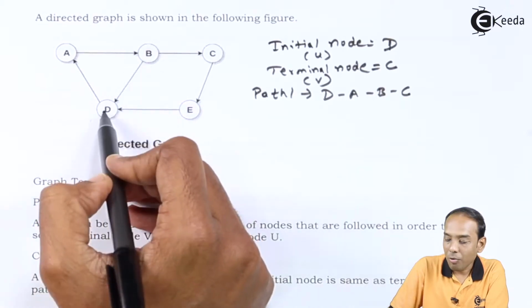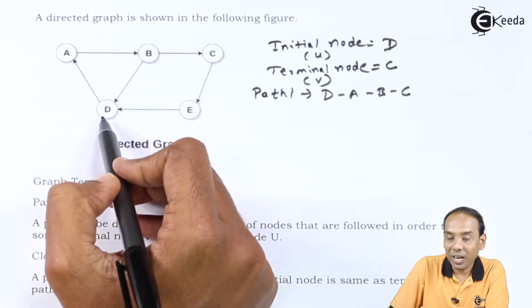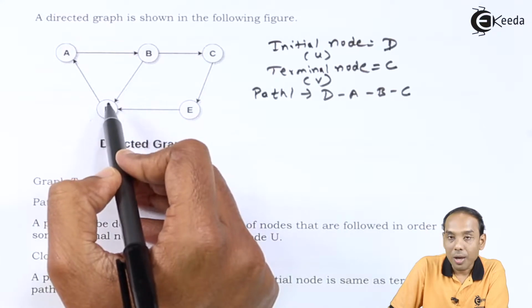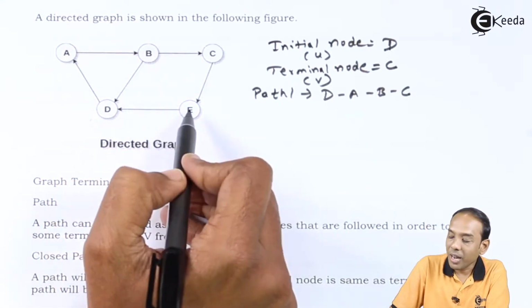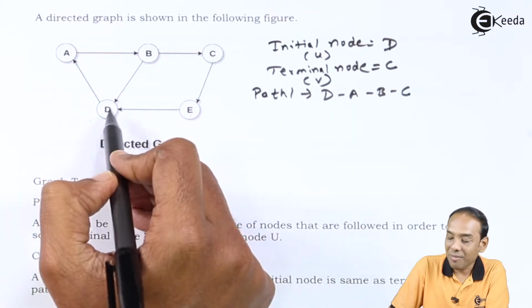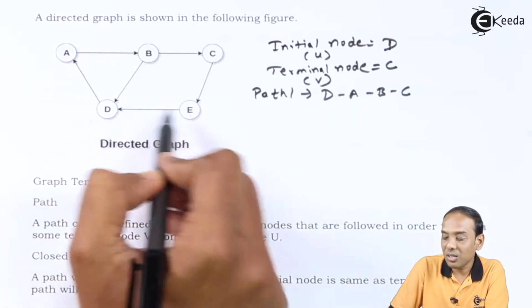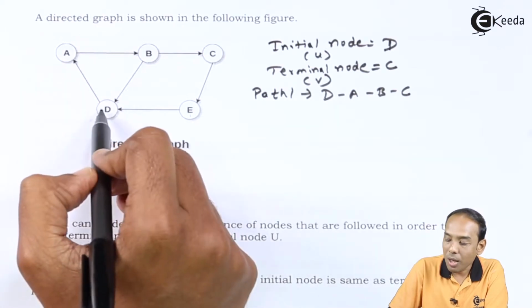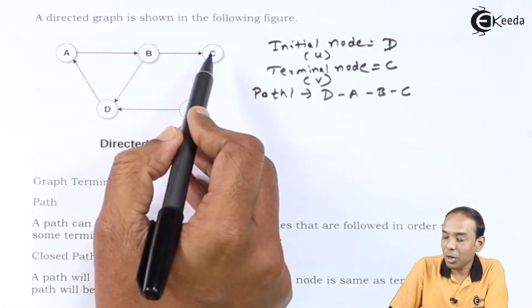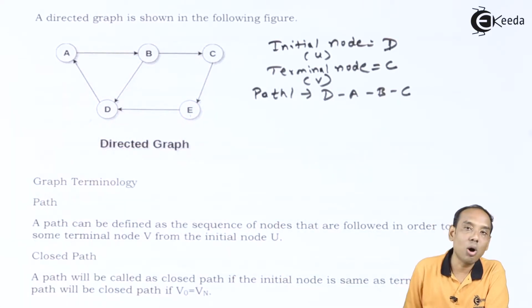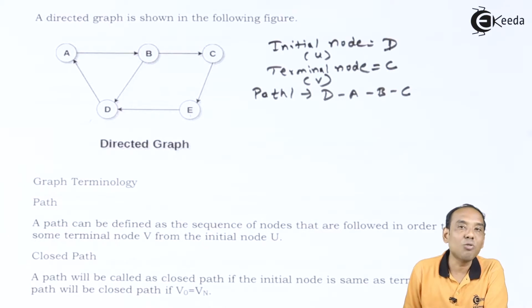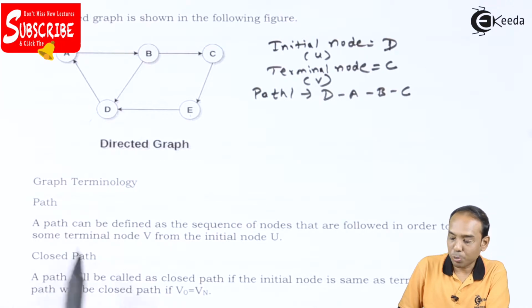We have B to D. Since it's a directed graph, we can travel from B to D, but we cannot travel from D to B. Similarly, we can travel from E to D, but we cannot travel from D to E, since it's a directed graph. So the only path available from D to C is D, A, B and C. This is called a path, in which we have a set of edges connected to reach from an initial node to the terminal node.